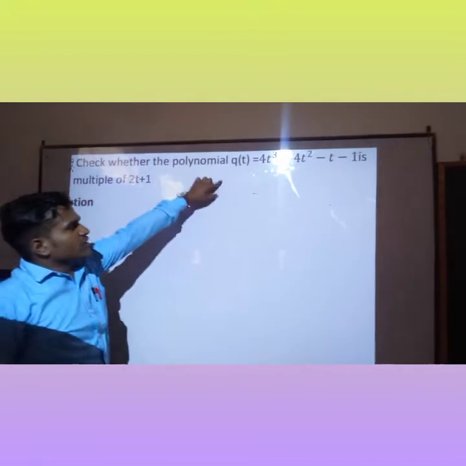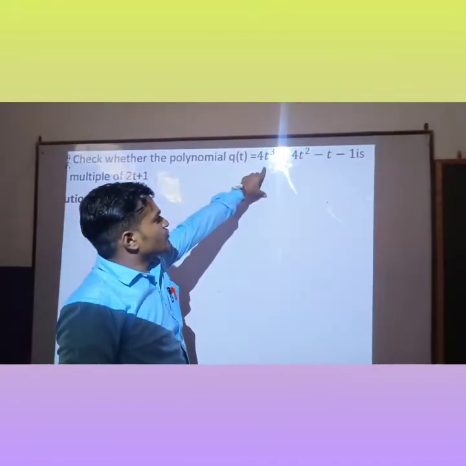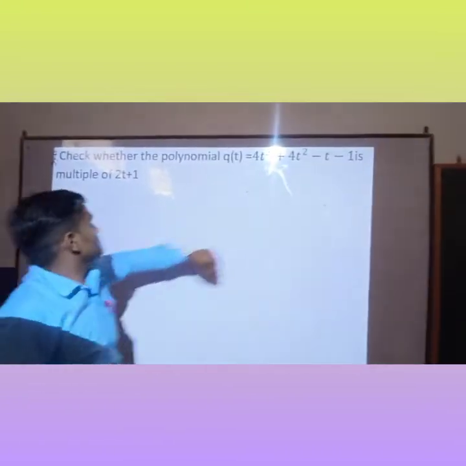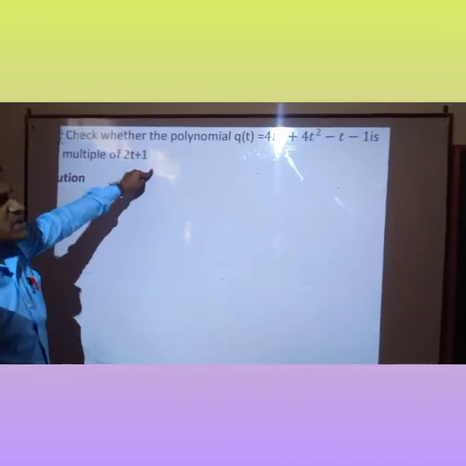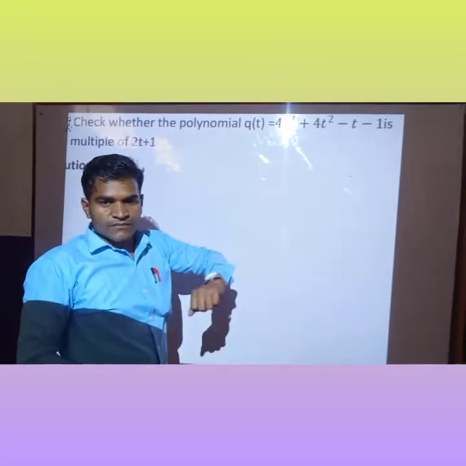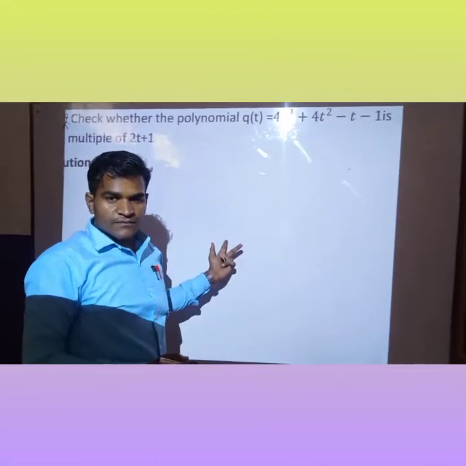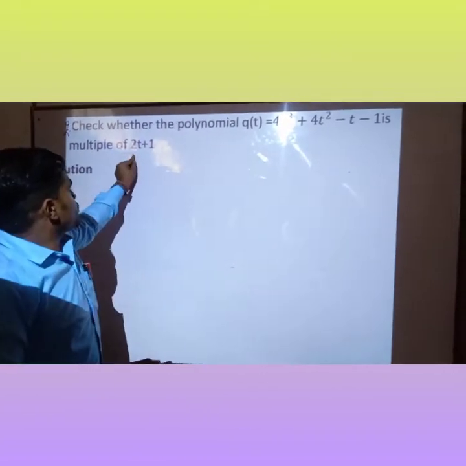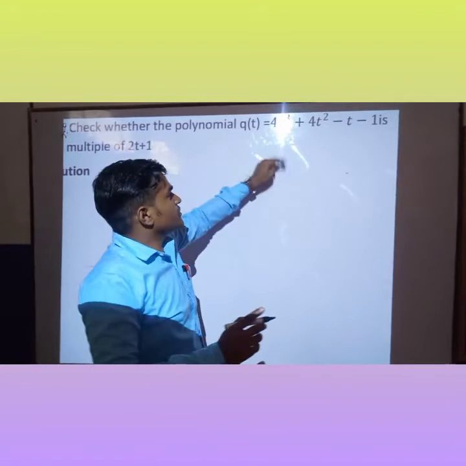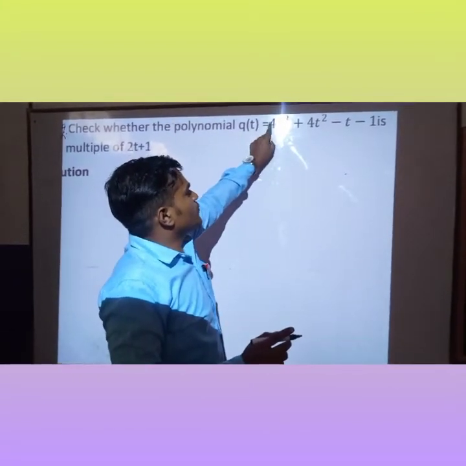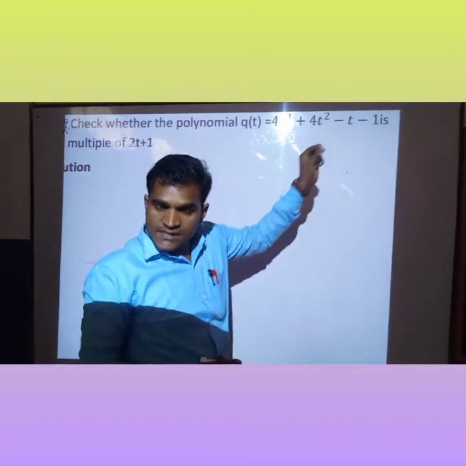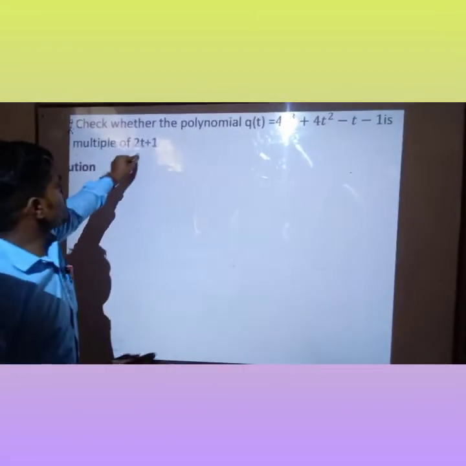Check whether the polynomial q(t) is equal to 4t cube plus 4t square minus t minus 1 is a multiple of 2t plus 1.